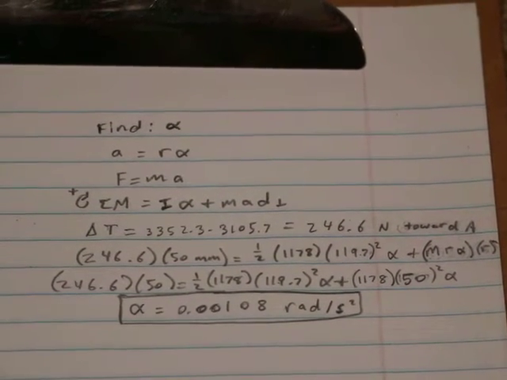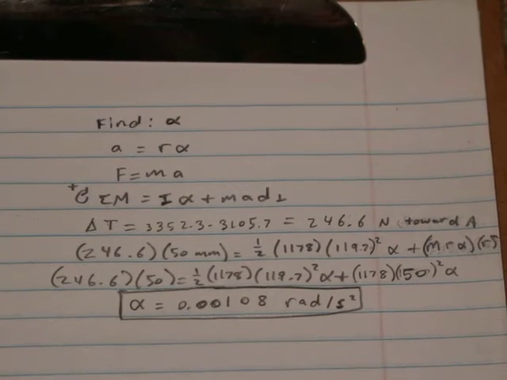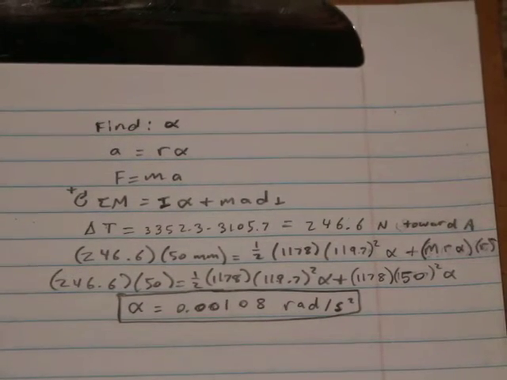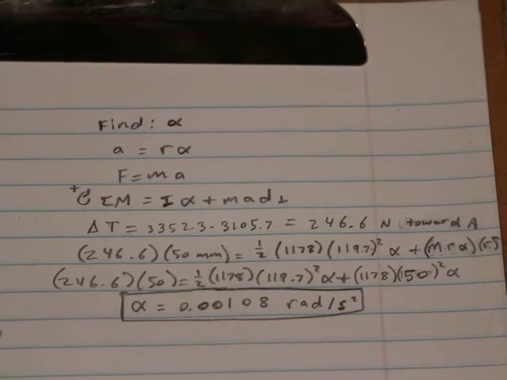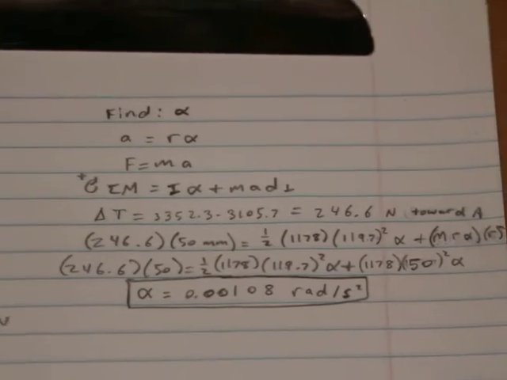We'll go ahead and put in our equation. Our sum of moments is our tension of 246.6 times our radius of 50 millimeters, half of the 100 millimeters there.